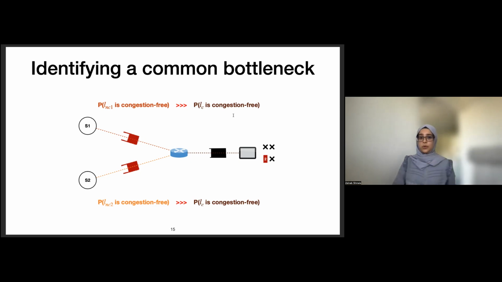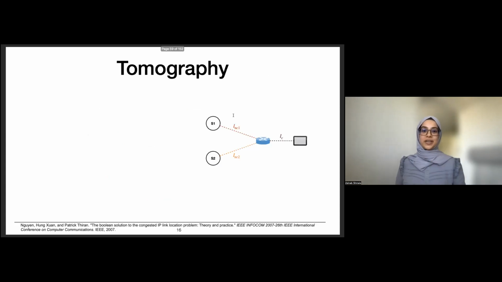So now, to answer the question that I'm sure everyone is thinking about: why am I talking about the links when I don't have access to how links perform? Otherwise, our problem would be very easy. But we only have access to how the paths perform. That is where tomography comes in.